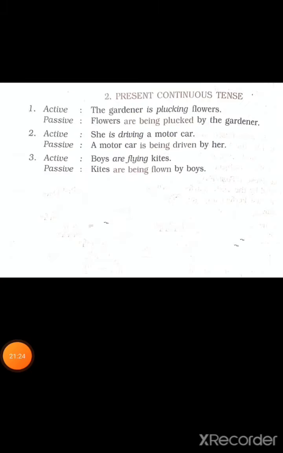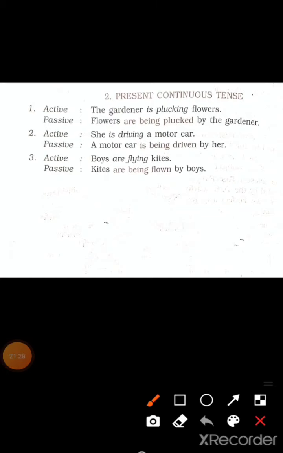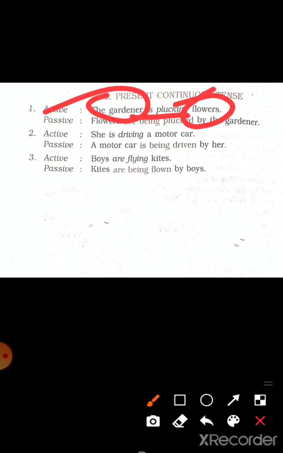Let me give you an example from your book. It is on page number 244. Present continuous tense. A gardener is plucking flowers. So gardener is the subject, is plucking is the verb, and flowers is the object.